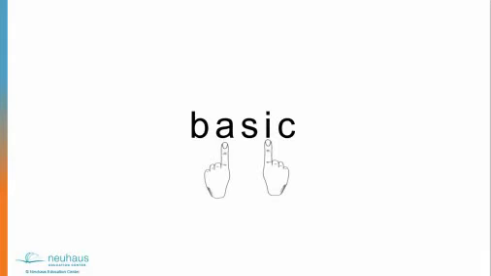When there is only 1 consonant between the 2 vowels, the pattern is VCV. The most common pattern is to divide before the consonant and accent the first syllable. The first syllable is open and the vowel is long, bay. The second syllable is closed and the vowel is short, sick. The word is basic.